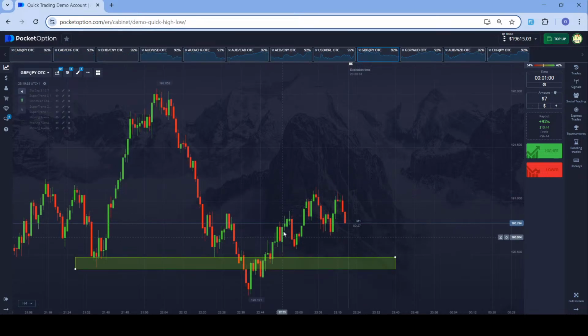This market, what can we be able to see here?